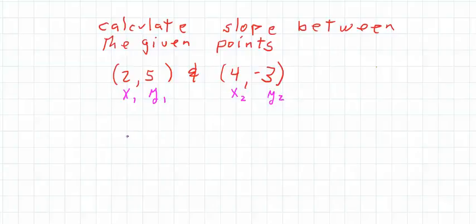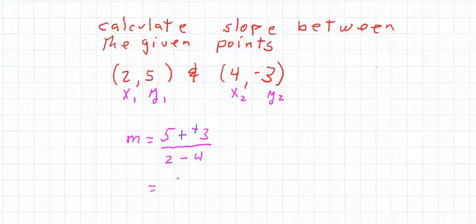The slope then, y1, 5, minus negative 3 over 2 minus 4. Minus a negative plus a positive. Do that in a different color. Back to pink, whatever this is.